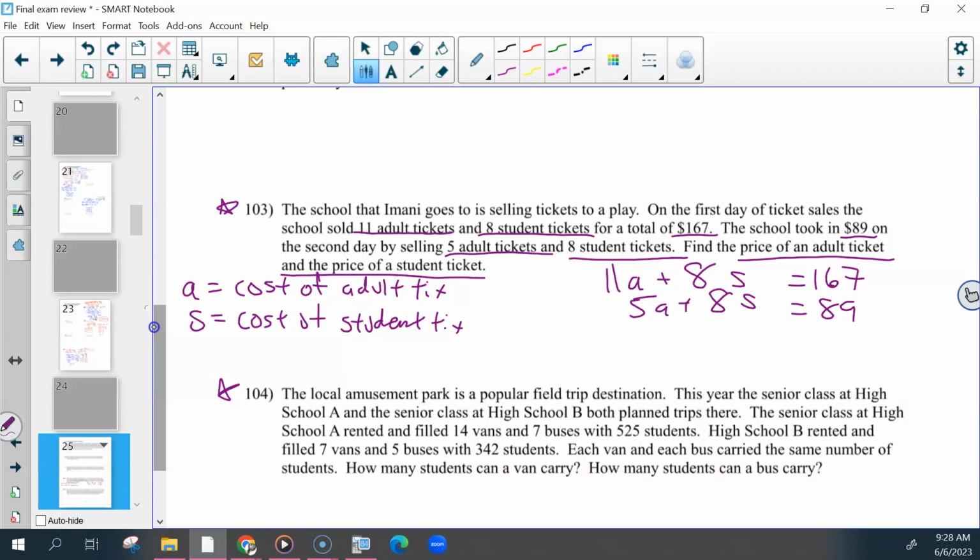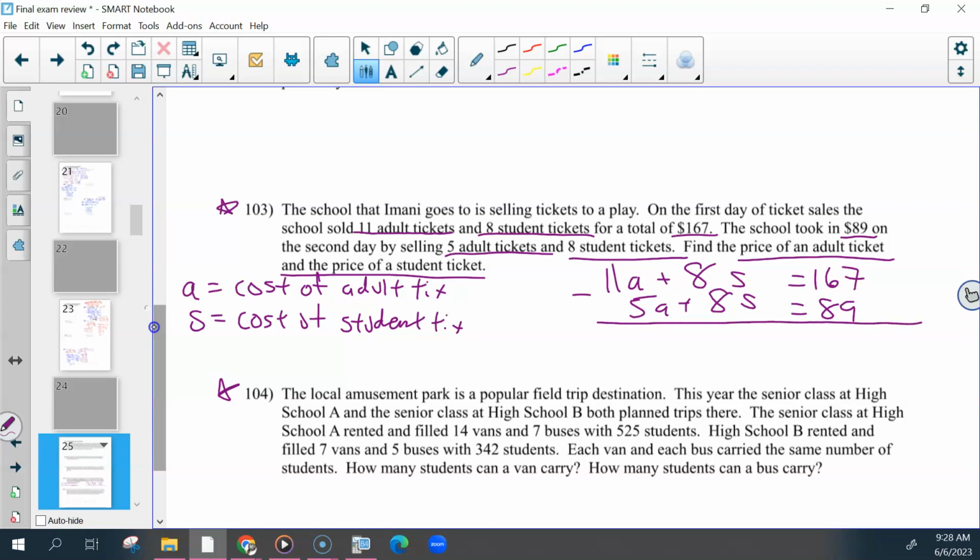After you set up your equations, you have a choice of how you want to solve it, by graphing, by substitution, by elimination. Some will work better than others. In this case, we have the same number here, so elimination will work really well. To eliminate the s's, we would subtract. 8 minus 8 is 0.